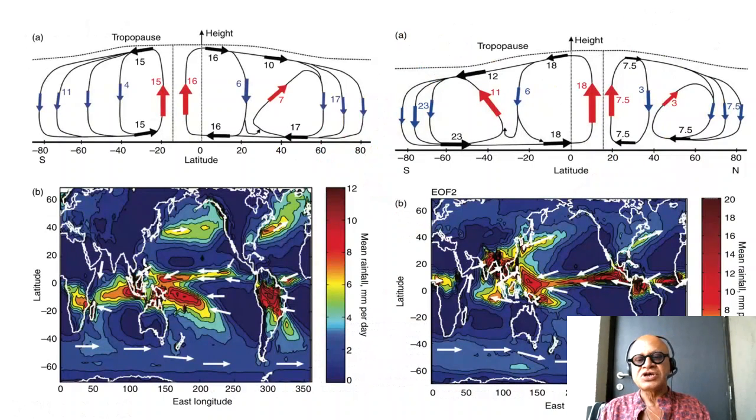So this is showing June, July, August, and December, January, February. So this is December, January, February, and this is June, July, August. You can tell basically because when the sun is to the south, the ITCZ is stronger to the south, with the Indian Ocean and the so-called South Pacific Convergence Zone.